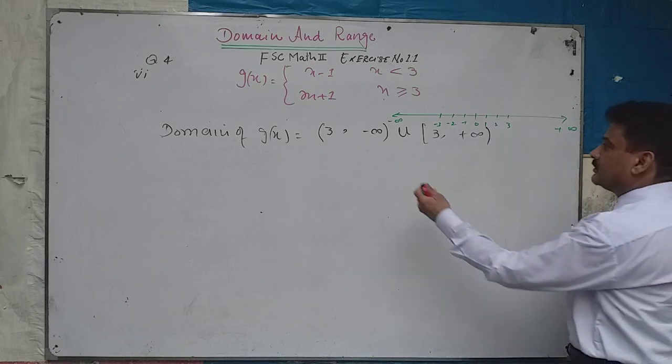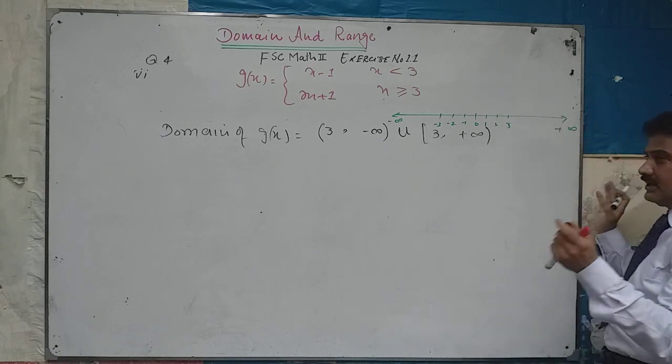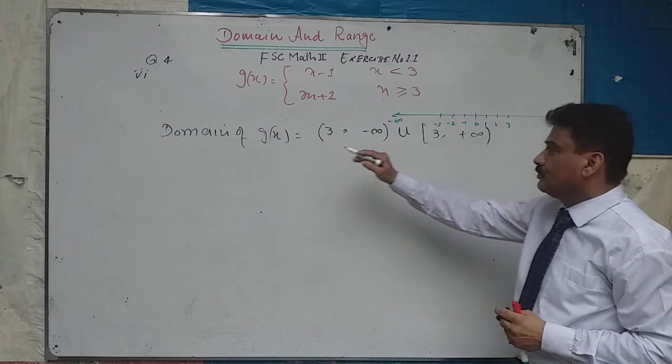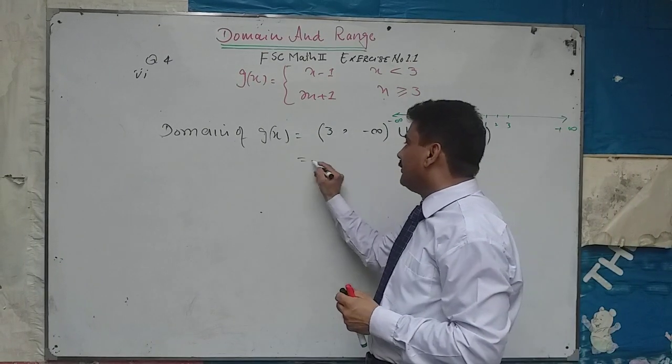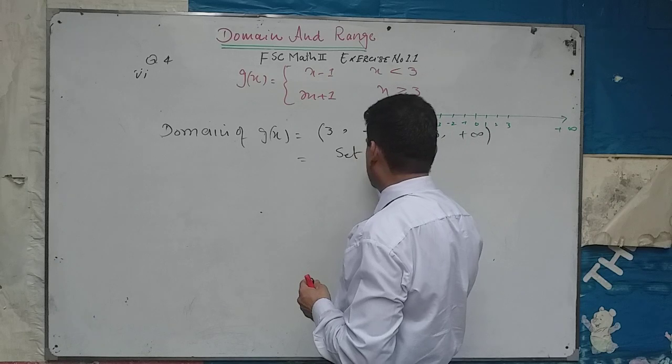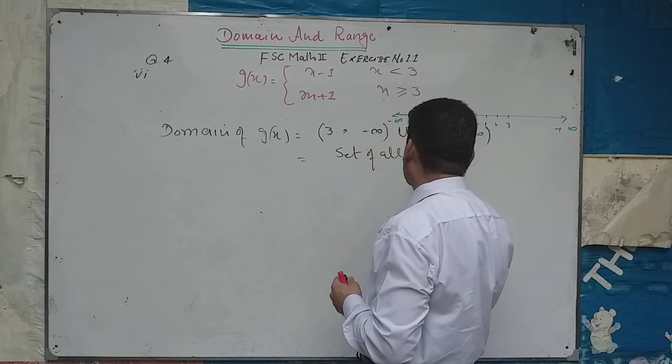When we take the union of this interval and this interval, we get the set of all real numbers. This is the domain of g of x. The domain of g of x is equal to the set of all real numbers.